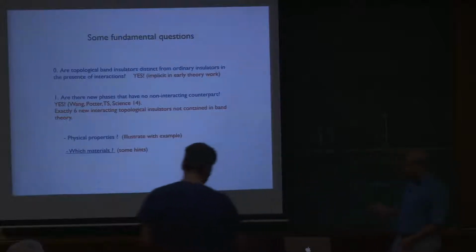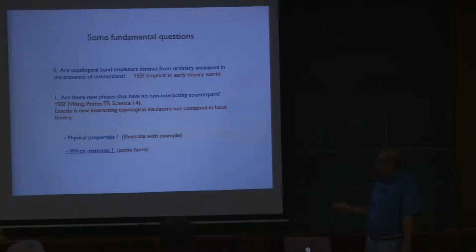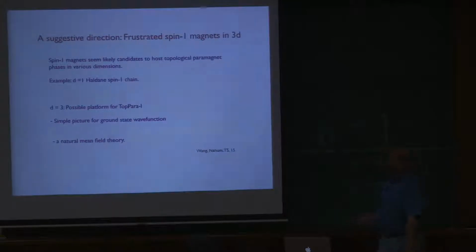Okay, so we only have some vague guesses for which materials might be interesting to look at. So let me give you one direction where something interesting probably happens, right? And that is to look at frustrated spin-1 magnets in 3 dimensions.